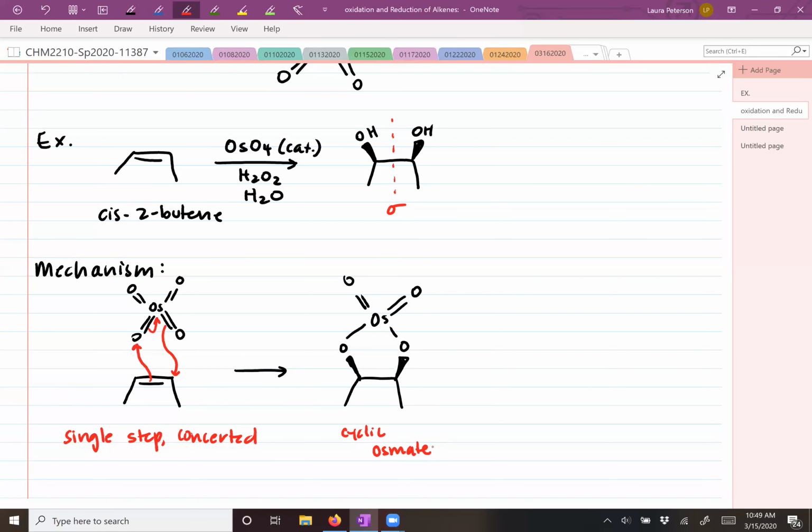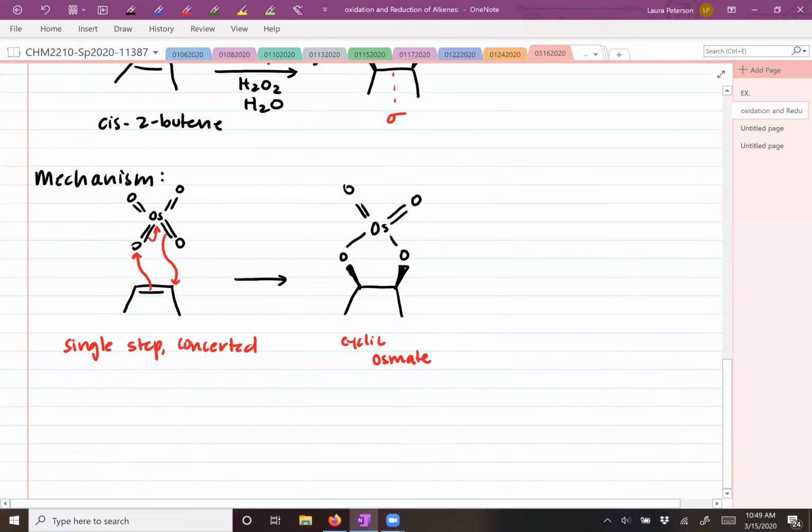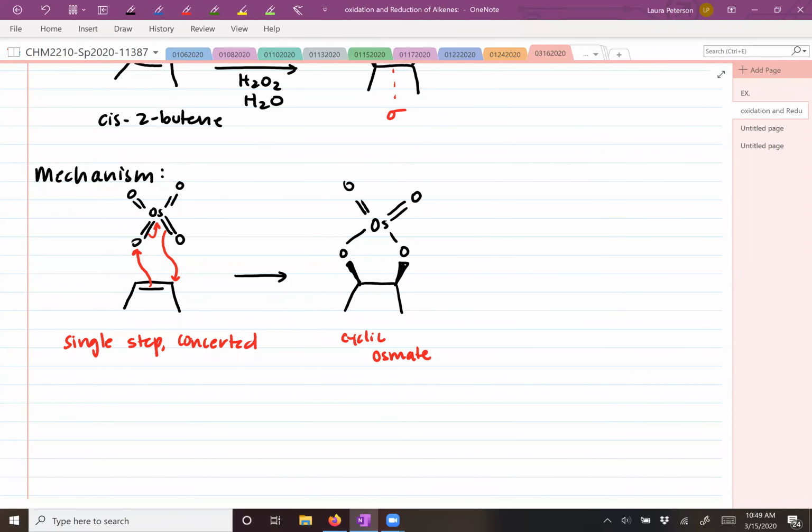So what happens next is not as important as it relates to the mechanism dictating the stereochemistry. Everything else is really just cleaving those osmium-oxygen bonds and then regenerating our catalytic OsO4. So I'm just going to abbreviate this as H2O hydrolysis, and the mechanism here we're not going to worry about. We haven't seen that word yet, hydrolysis.